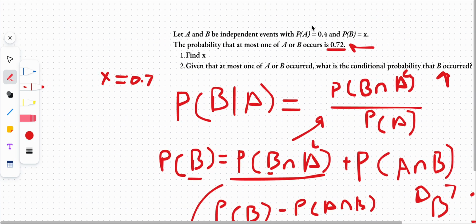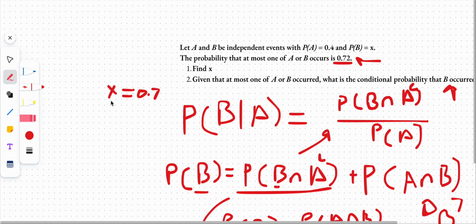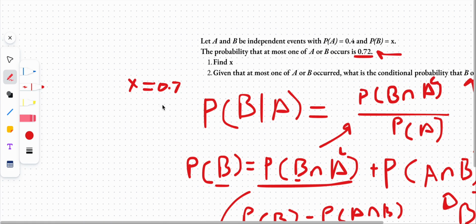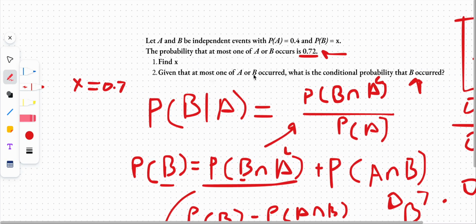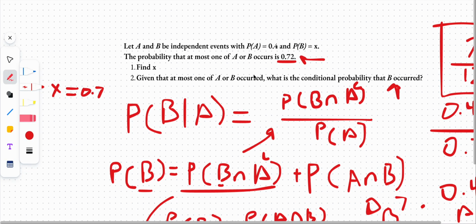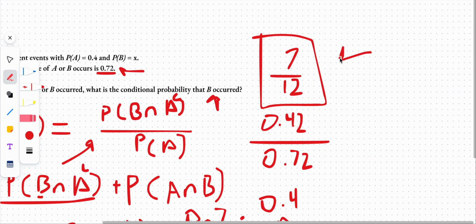So that's the end. We found x is 0.7, and using that we were able to find the second part of the question, and we can confidently say that the conditional probability that B occurred is 7 over 12.